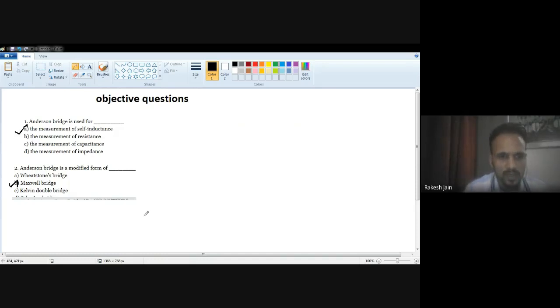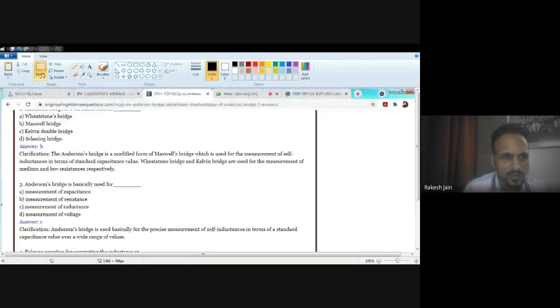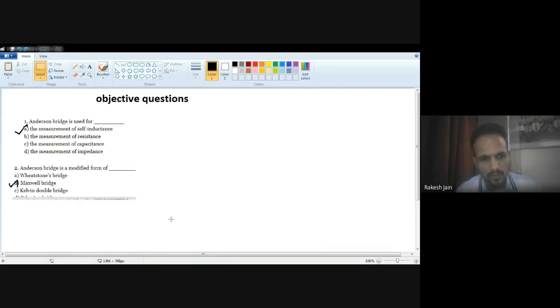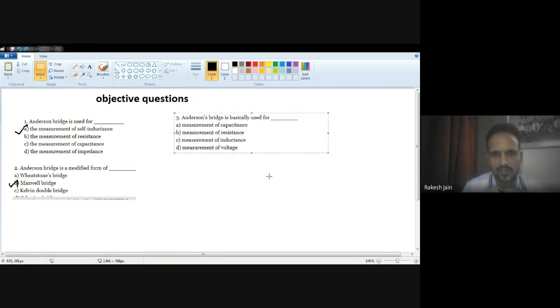Now see one more example. Anderson bridge is used for. See this third objective question. Anderson bridge is basically used to measure the self-inductance of a coil. Which one is the unknown quantity here? The inductance. Okay.